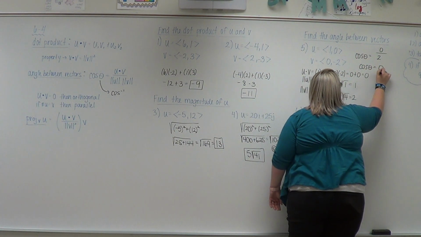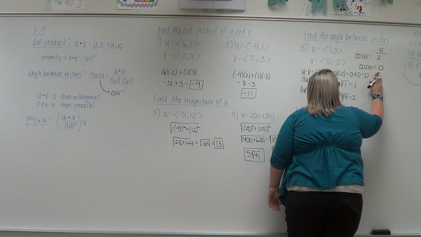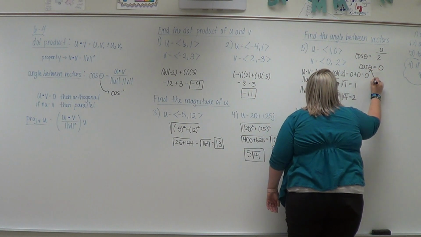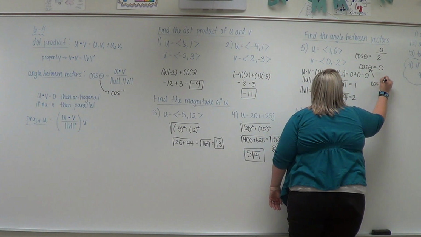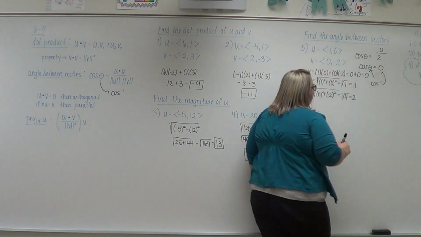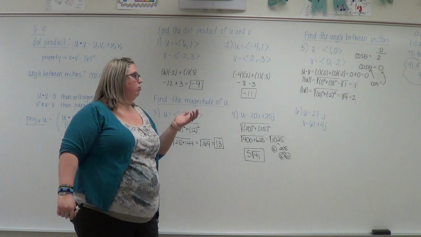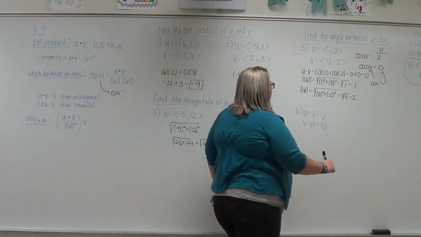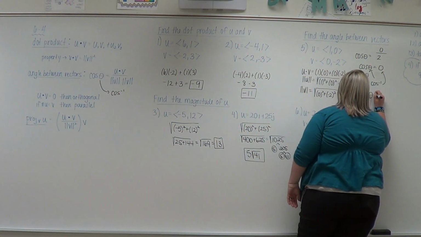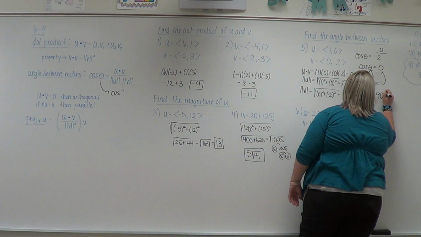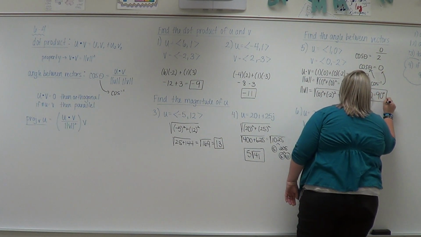To find theta, you do cosine inverse of whatever number that is. Since I want to find theta, I'm going to do cosine inverse of 0, which means theta is 90 degrees.